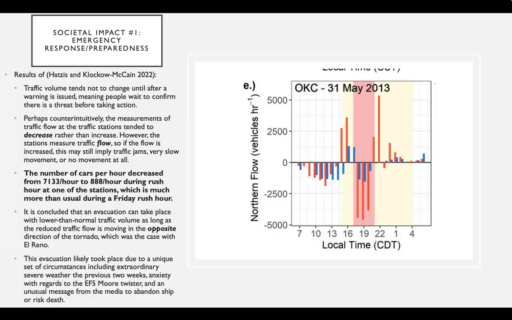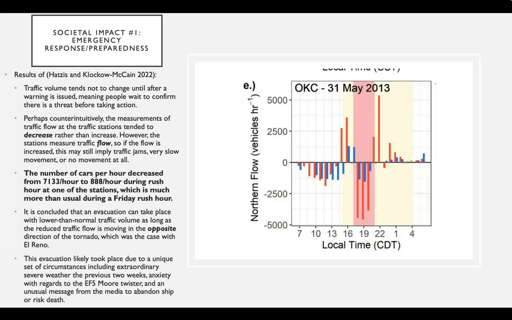So basically the results of this study, to summarize, are that they were looking at traffic flow, and what they realized is that traffic flow actually decreases during a tornado. But you have to remember what the definition of flow is. Flow is the rate at which something is moving past a specific point.